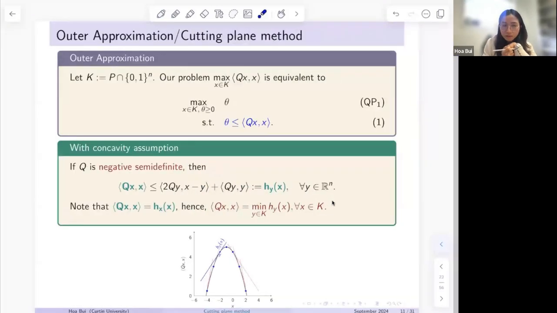So from here, let's think back about the example where we have this function with the tangent plane at the upper plane. Meaning that you have this function less than or equal to the tangent plane in your feasible domain.